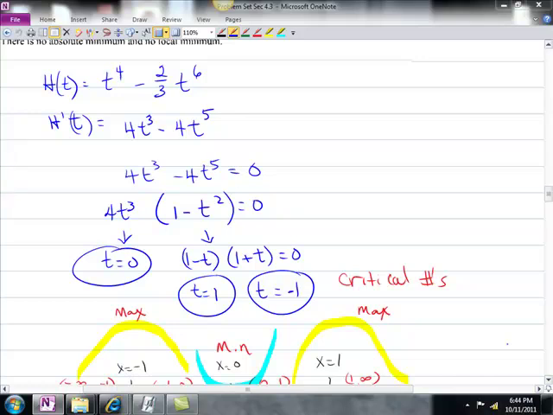So there's that work for getting the critical points. Okay? And you just want to be careful. You want to brush up on your algebra and your factoring. That's important. Could you do it? I just took t cubed out. Could you do it like that? Well, you would still have the difference of 2 squares, because you took out t cubed and you still had 4 minus 4t squared.